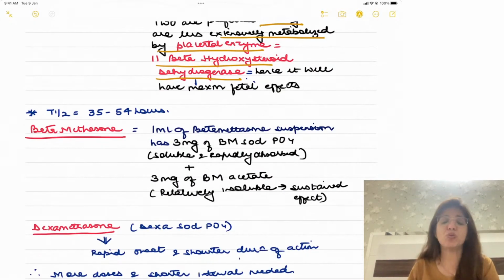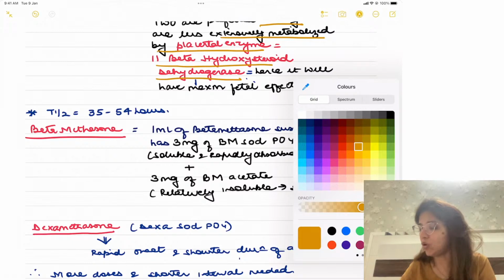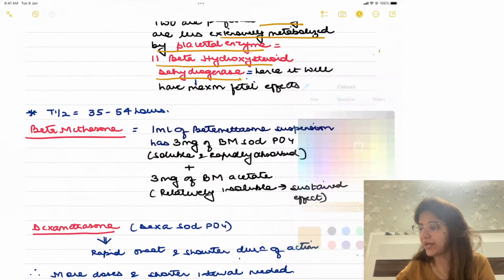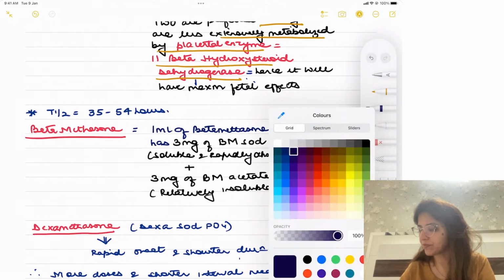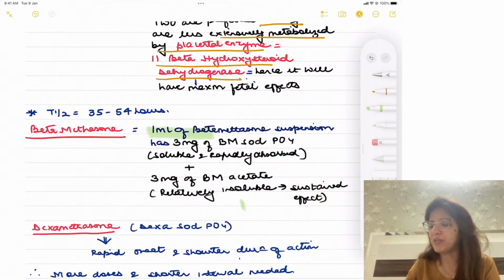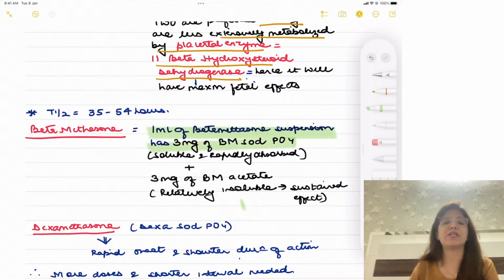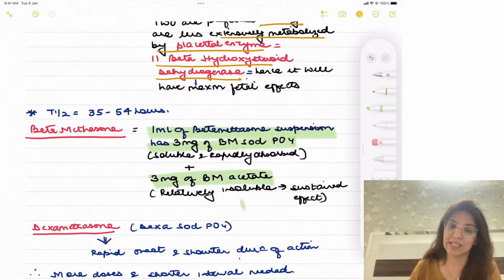The betamethasone which we are using, 1 ml of betamethasone suspension, has got 3 milligrams of betamethasone sodium phosphate and 3 milligrams of betamethasone acetate.